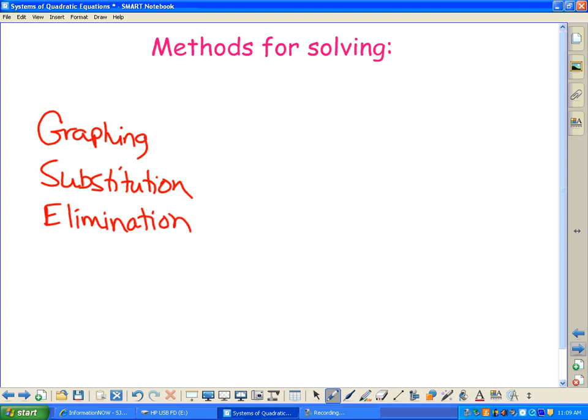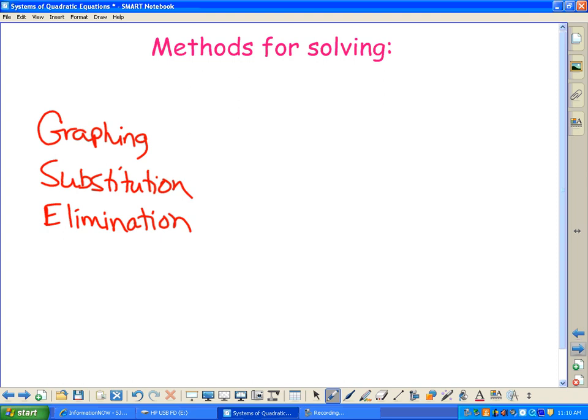We're not going to worry about the graphing. Some of these won't be the nicest to graph, and even when you do graph them, they intersect sometimes at points that aren't very nice, so it's hard to see their ordered pairs. So we're going to work with substitution and elimination. If possible, I would recommend using elimination. If you can't use elimination, then you're going to move to substitution. That would be the order that I would go in.